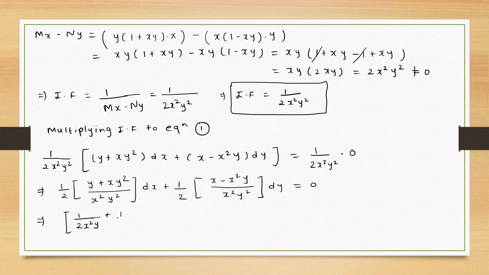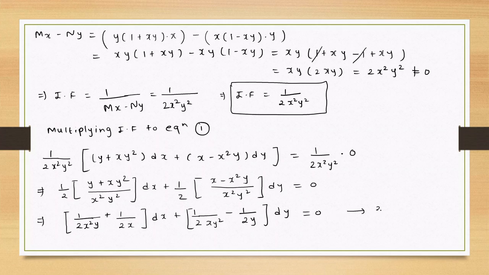So we are remaining with 1 by 2x dx plus 1 by 2, x cancels with the x, so it is xy square minus x square get cancelled, y cancels with the y square, then we are remaining with 1 by 2y dy is equal to 0.